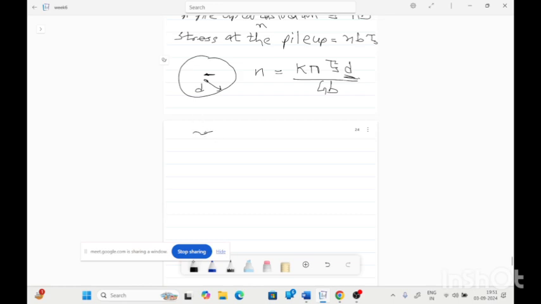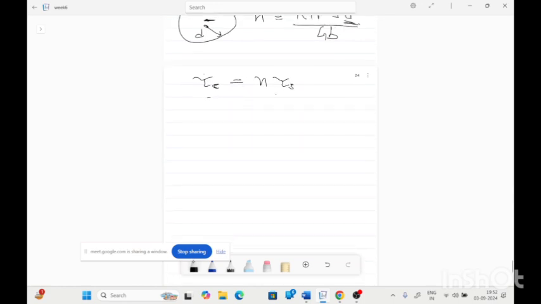To overcome the pileup of the dislocations, a critical resolved shear stress should be applied, which can be written as tau_c. So tau_c can be written as n times tau_s, the average shear stress of one dislocation. So for n dislocations, tau_c will be n tau_s.